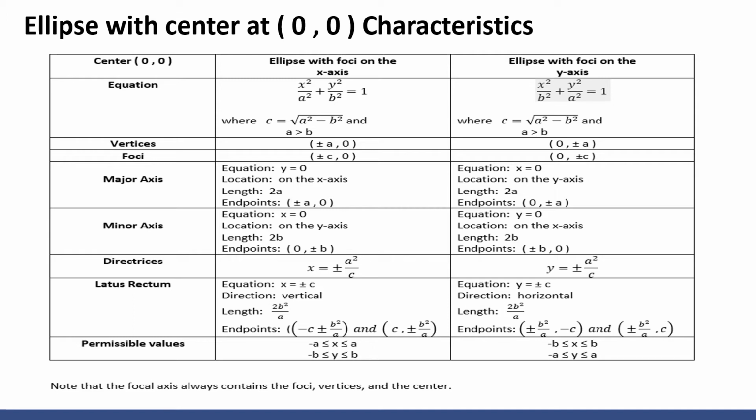And the permissible values under ellipse with foci on the x-axis: x is between or equal to negative a and positive a, and y is between or equal to negative b and positive b. For the ellipse with foci on the y-axis, the permissible values are x is between or equal to negative b and b, while y is between or equal to negative a and a.